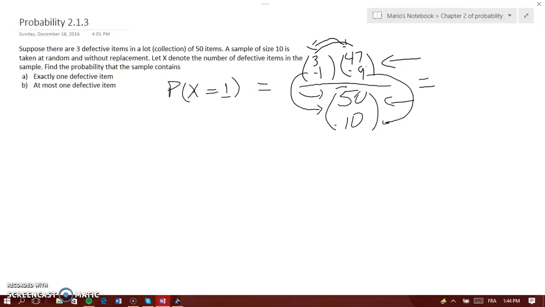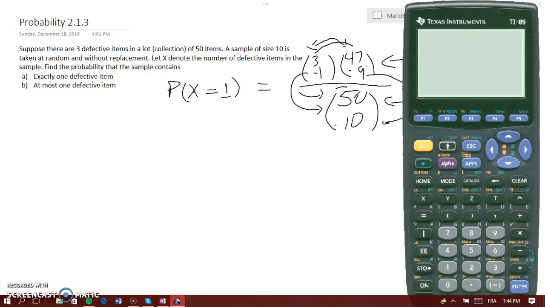This one I will show you on a calculator instead of doing it myself. If you have a TI-89 or TI-89 Titanium, they both work. I couldn't find a virtual calculator for a TI-89 Titanium, but I got this one, and it's the same exact thing you do.